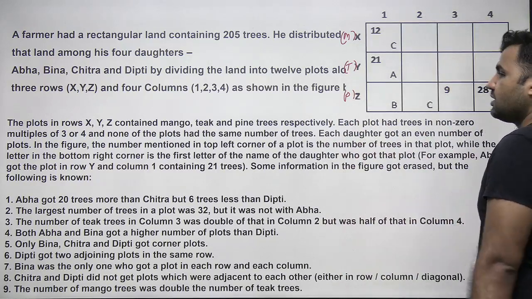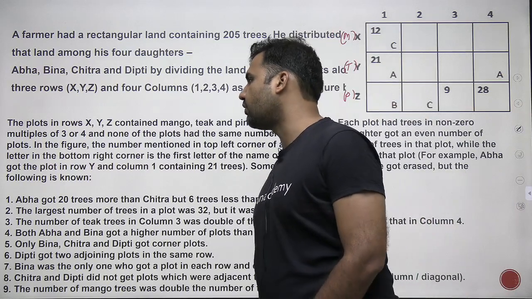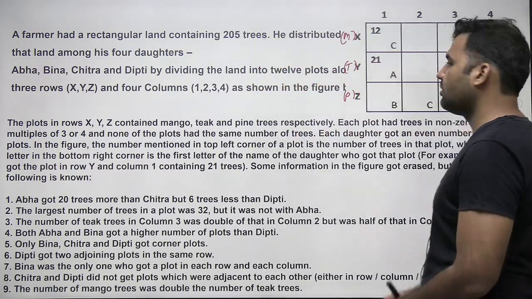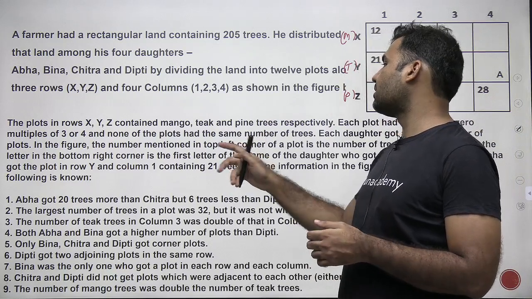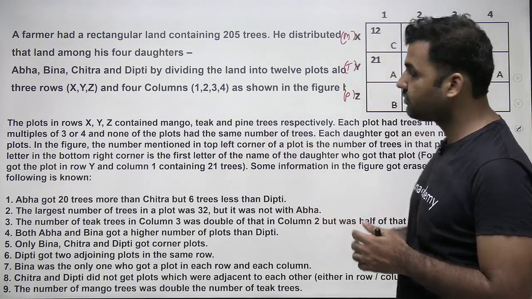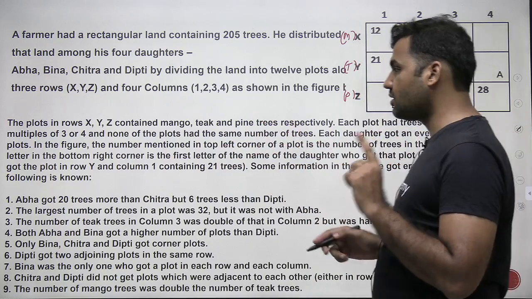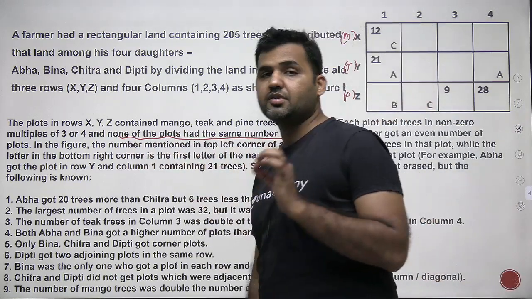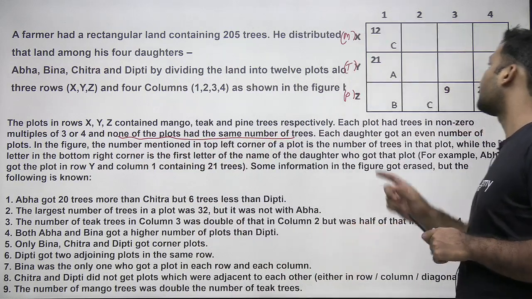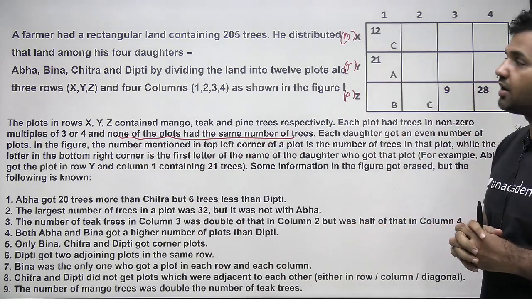Each plot had trees in non-zero multiples of 3 or 4. Non-zero multiples of 3 or 4. And none of the plots had the same number of trees. That's the point here, guys, that you need to note down. None of the plots had the same number of trees. That means no value can reappear in any of these plots.